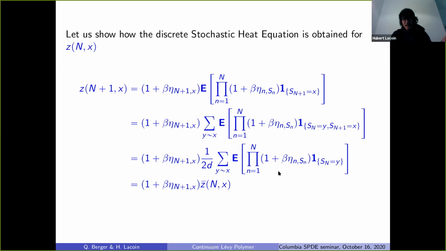Because you are in Z^d, if you know that you are at y after n steps, the probability that you end up at x, which is a neighbor, is simply 1 over 2d. So you can just delete this and replace it by 1 over 2d in front of the expectation, and you get exactly the equation we wanted. And in fact, to get exactly the equation, you have to subtract Z_n(x) on both sides.